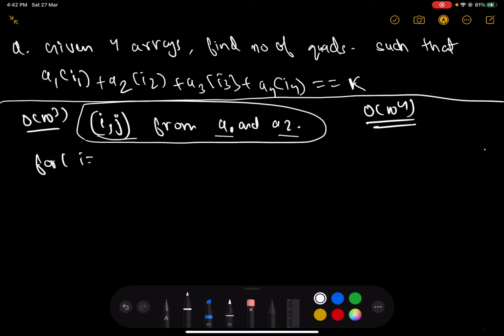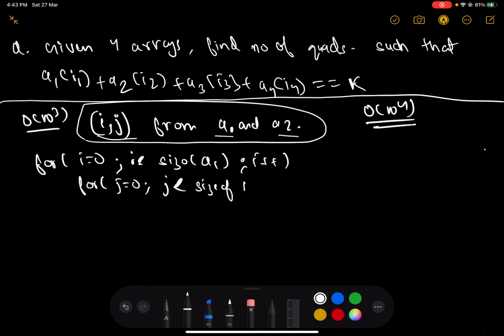For i equals 0, i less than size of A1, i plus plus, for j equals 0, j less than size of A2, j plus plus. Now I will find the value y: int y equals A1[i] plus A2[j], right?